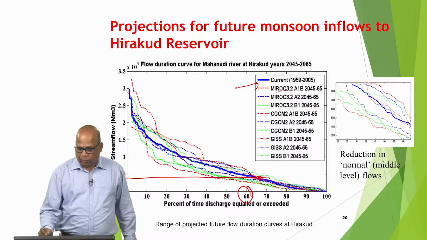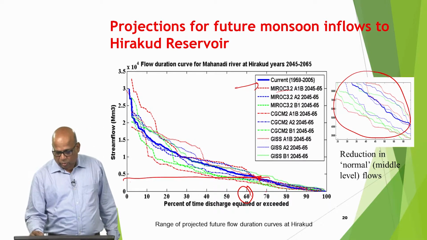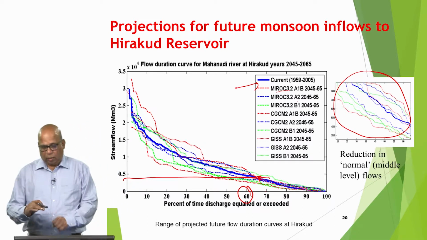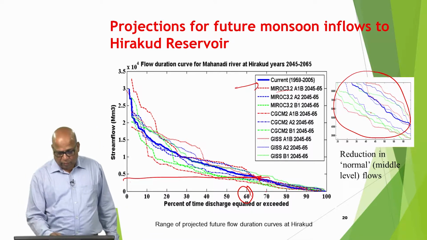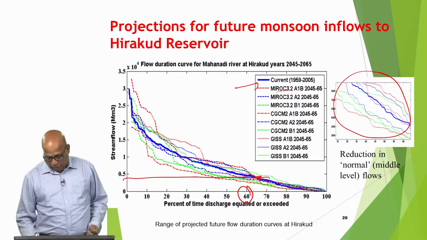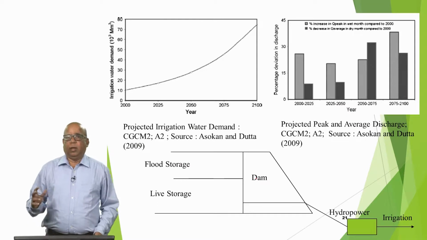If many of these flows, especially the middle flows projections, show that there is likely to be a decrease, in fact, we can integrate these and then provide one ensemble average. If the ensemble average shows that the flows are likely to decrease at that particular location, that will have a serious implication on water use for irrigation, hydropower and so on.